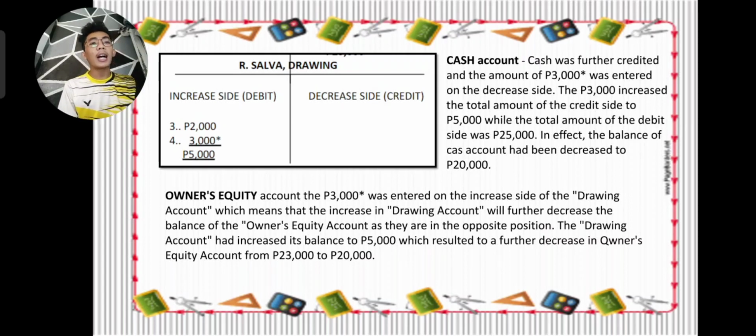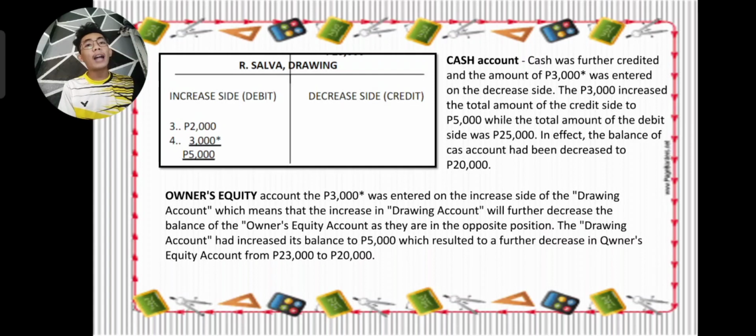Cash account. Cash was further credited and the amount of 3,000 was entered on the decrease side. So, the 3,000 increased the total amount of the credit side to 5,000. So, mao na ang total nga gi-withdraw ni Arsalva, which is 5,000. Well, the total amount of the debit side was 25,000.